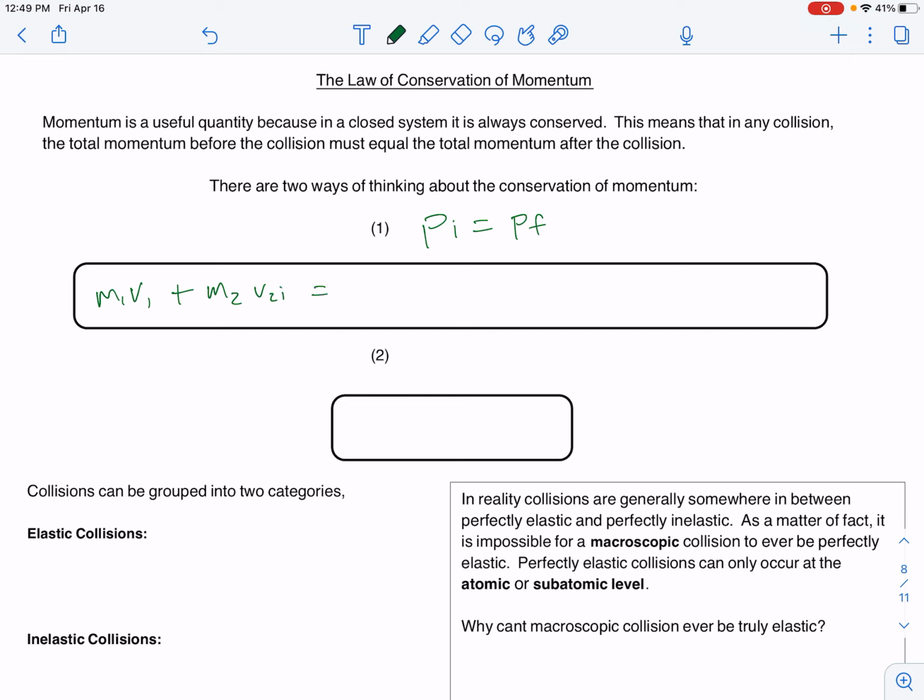Let's say there are two different objects and there's going to be a collision, right, with the momentum of each. So when we're talking about collisions, the total momentum before a collision is going to be equal to the total momentum after a collision.